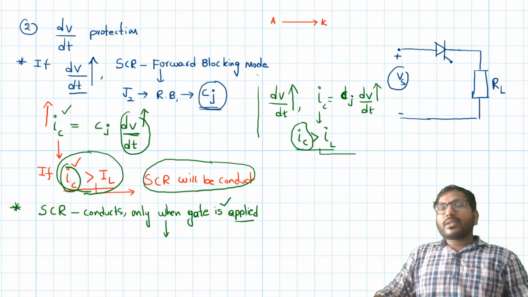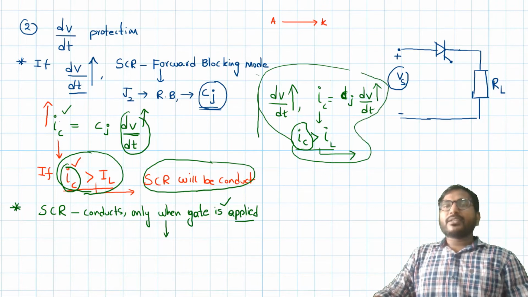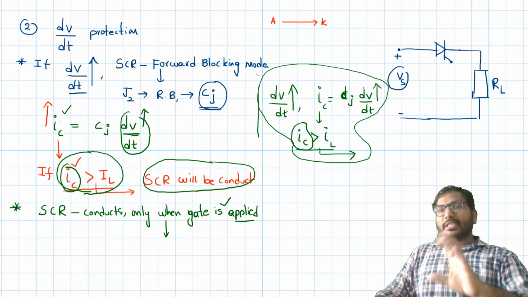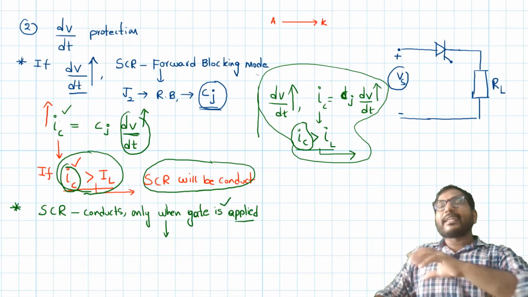That is the favorable condition to turn on the SCR. In this process there is no gate triggering, and any turn-on method without gate triggering is not desirable. This is called false triggering.